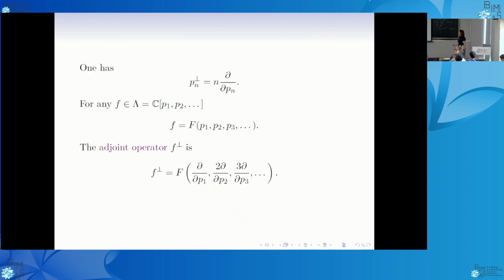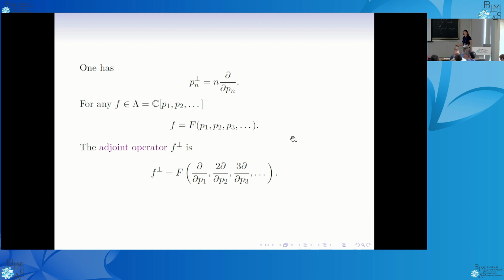And then we can take operators of multiplication by different symmetric functions and look at their adjoint operators. For example, if we take the operator of multiplication by power sums, the adjoint operator is going to be differentiation by power sums. So we have these together, the p_n's and adjoint operators.